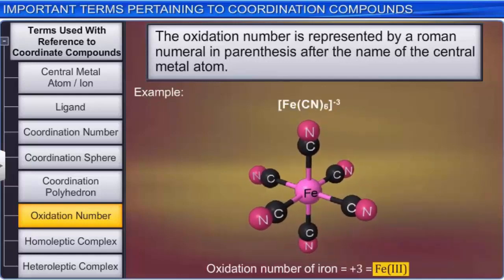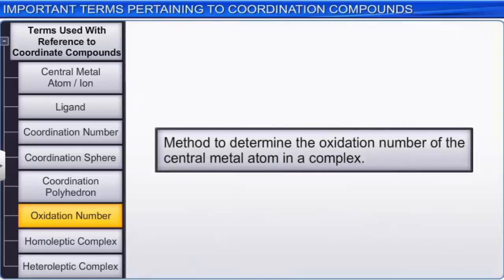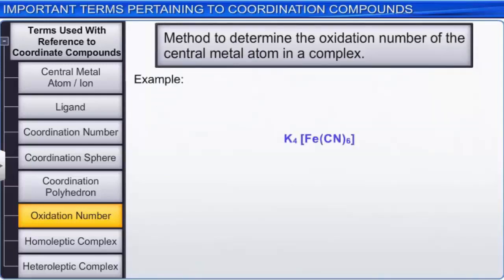Students, we are going to determine the oxidation number of the central metal atom in a complex. An example is given, potassium hexacyanidoferrate. Here the counter ion is K, potassium. The complex ion is hexacyanidoferrate. We can see potassium is denoted by a subscript 4.